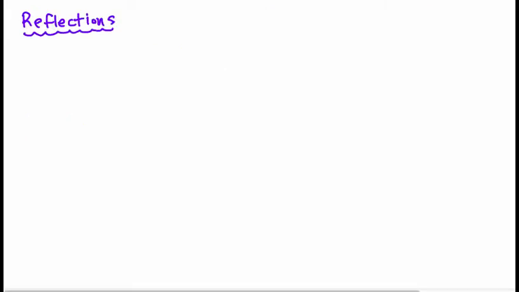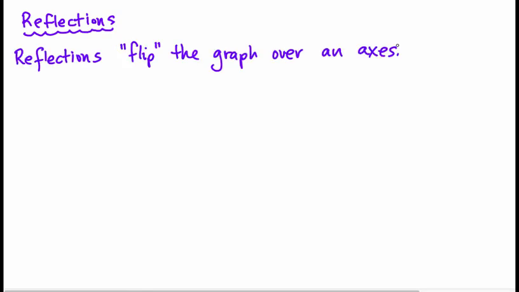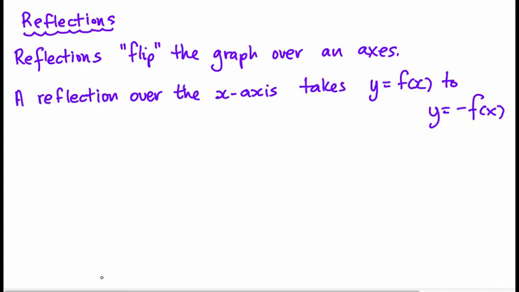A second type of transformation is a reflection. And reflections flip a graph over an axis. The two main kinds are a reflection over the x-axis. That takes your original graph to y equals negative f of x.